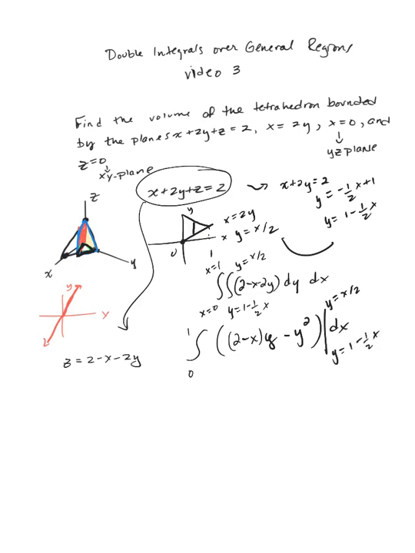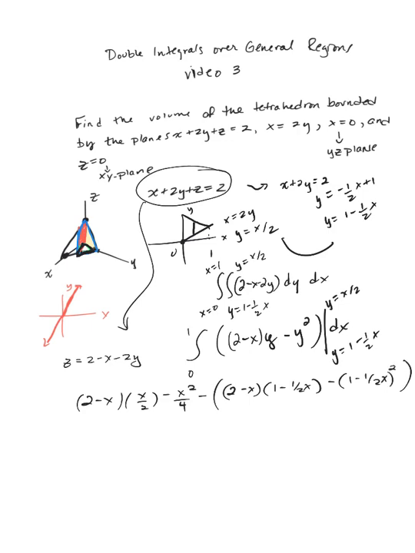So these are going in for y. So I have 2 minus x times x over 2, minus x over 2 squared, which is x squared over 4, minus the quantity 2 minus x times 1 minus half x, minus 1 minus half x squared.